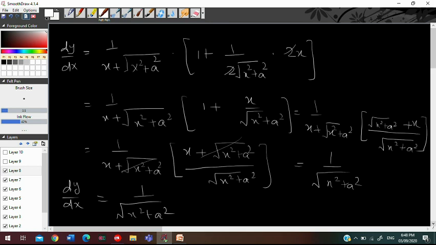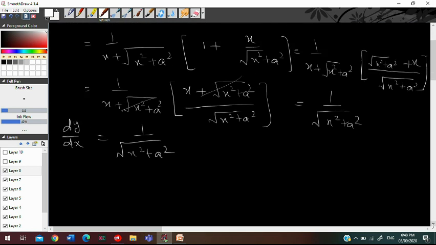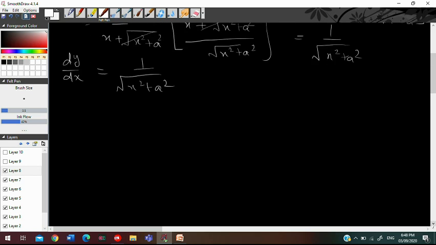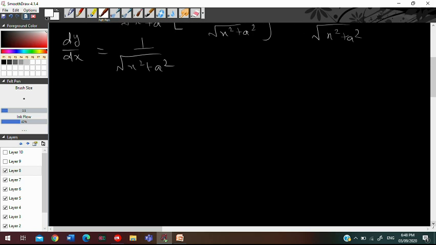And in this question you have to find up to the third derivative. So this is the first derivative, your equation number 1, and now we differentiate equation number 1 again.